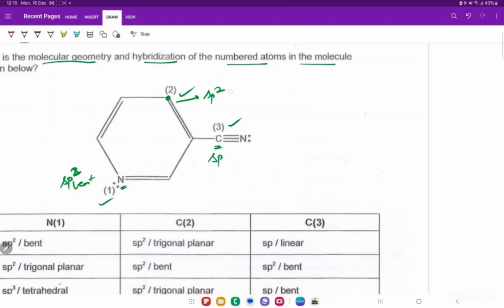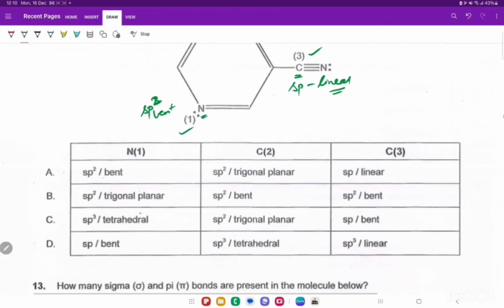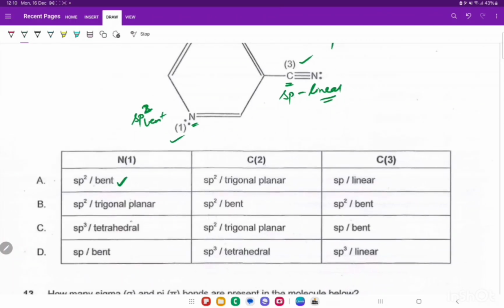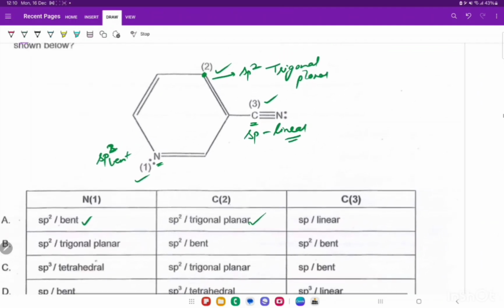Simple sp2 is trigonal planar, and sp is always a linear molecule. Therefore my option is sp2 bent for nitrogen, sp2 trigonal planar for carbon, correct, and for carbon 3 it is sp linear, correct.